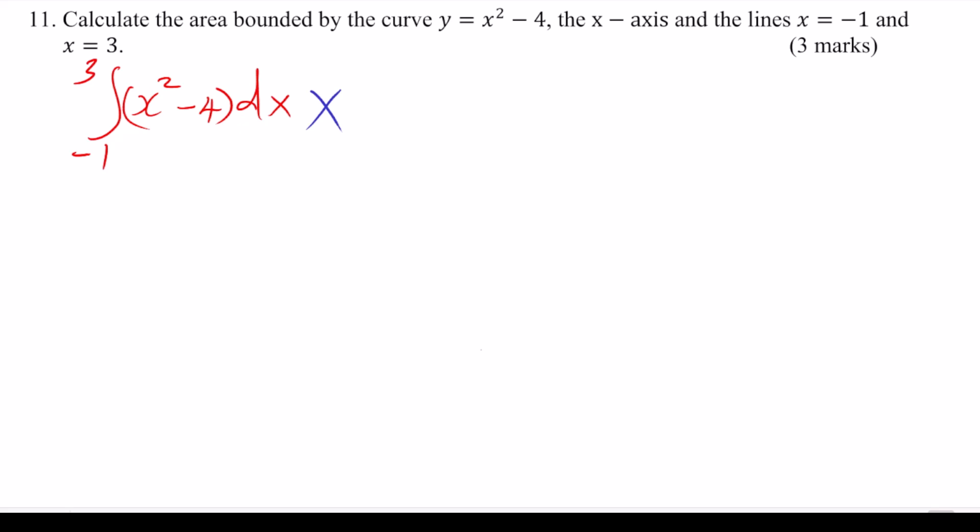The reason why it is wrong is because when you sketch this curve, y equals x squared minus 4, from x equals -1 to x equals 3, you realize that there is an area that is below the x-axis, and there is another one that is above the x-axis. Let me take you through the sketch very fast so that you can see.